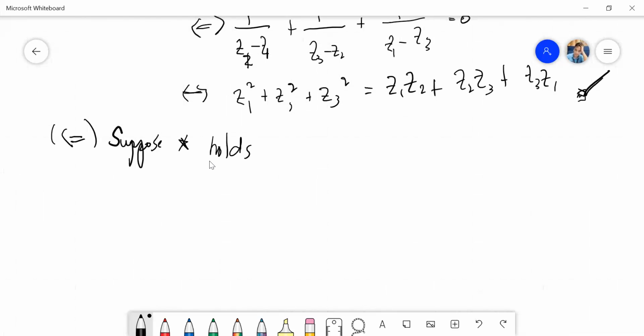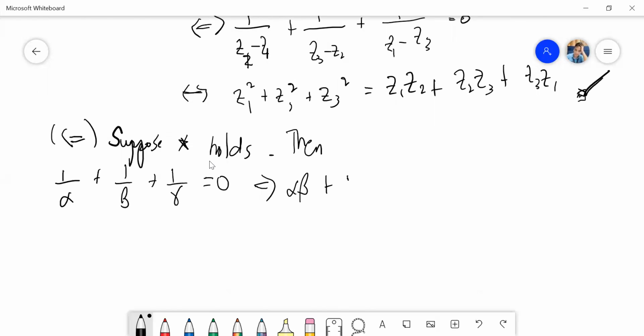If that holds, then I would have 1 over alpha plus 1 over beta plus 1 over gamma equals 0. And I'm going to simplify this equation here. I would get alpha beta plus beta gamma plus gamma alpha equals 0.